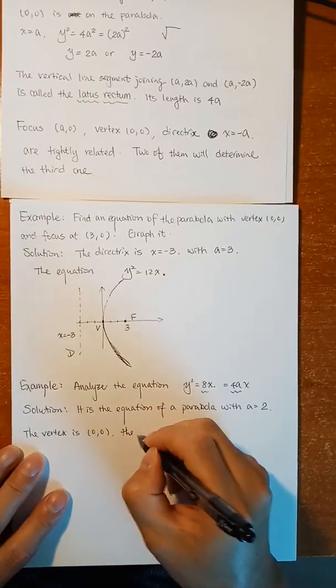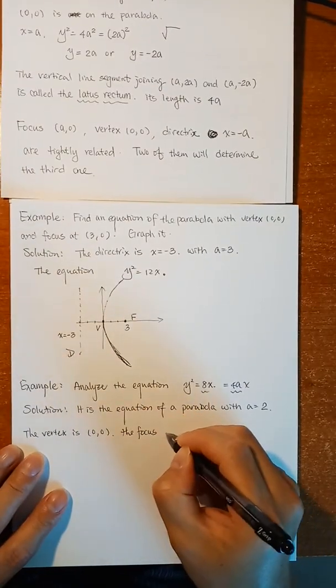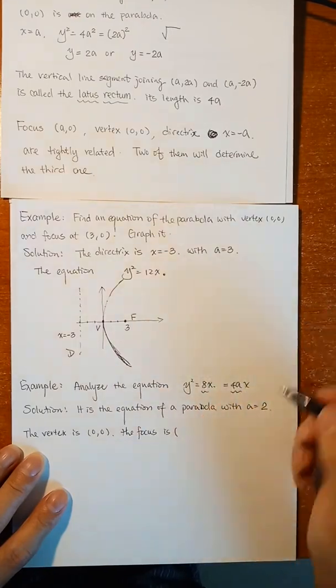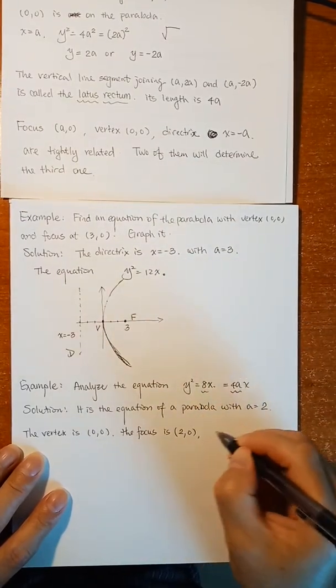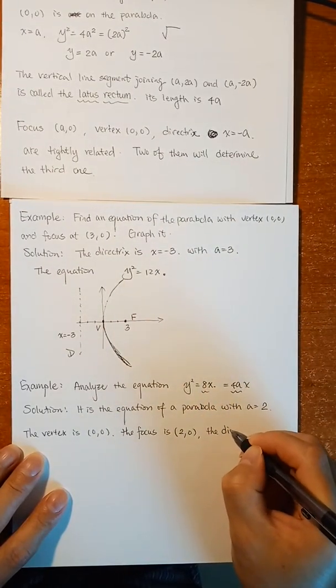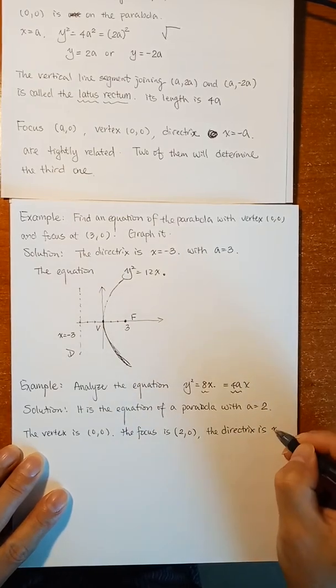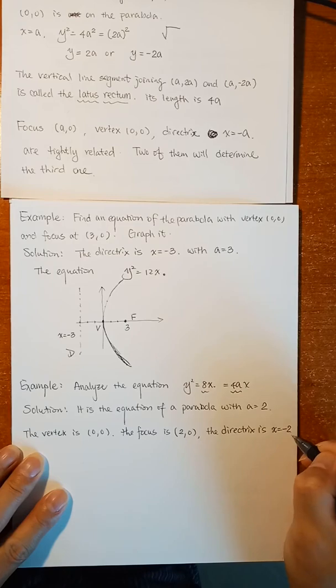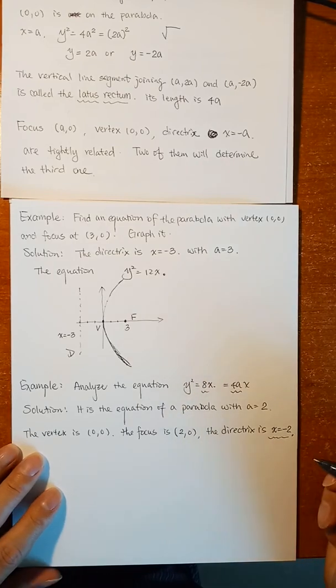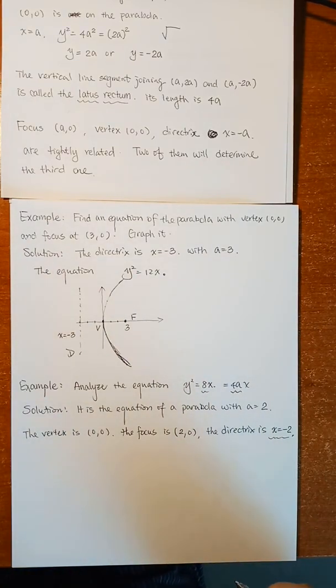The focus is (a, 0), which is (2, 0). The directrix is x equal to negative 2. x equal to negative 2. This is a vertical line. x equal to negative 2. And that's it.